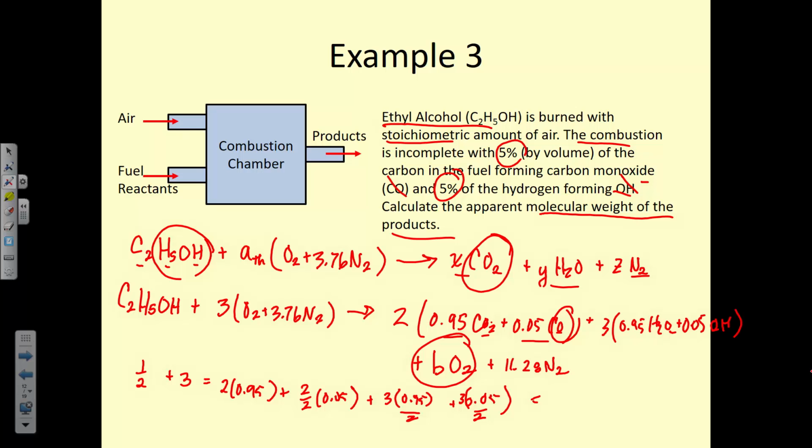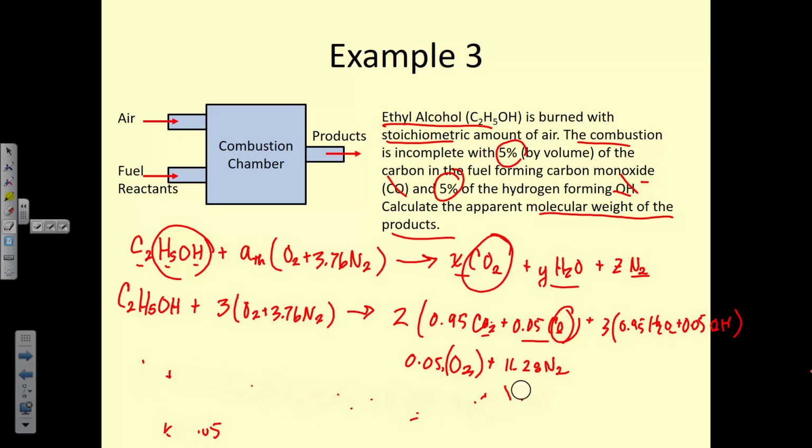Okay, so if we sum all of that up, we find, plus B. So we solve for B is equal to 0.05. So now we can just erase this B and replace it with 0.05 times O2. And all of the other terms in the equation remain the same. Okay, so now we have our equation which represents incomplete combustion.